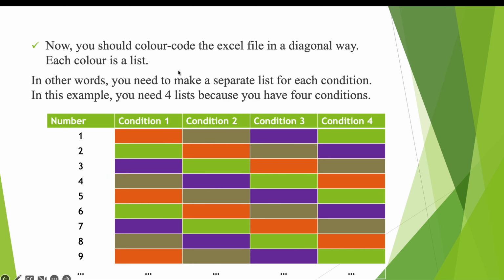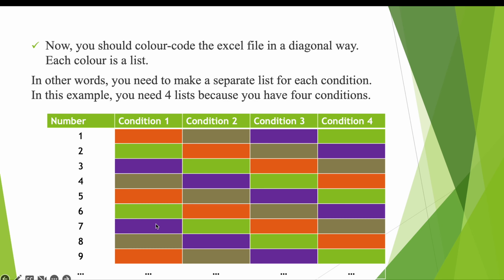You should color code the Excel file in a diagonal way. For example, as you can see, we have orange, grayish brown, and then we have violet and green.